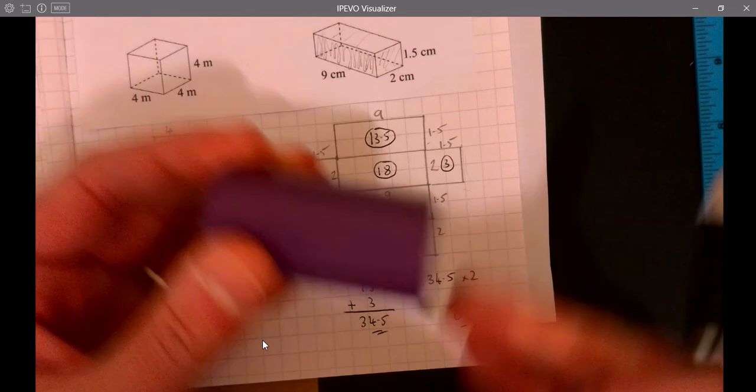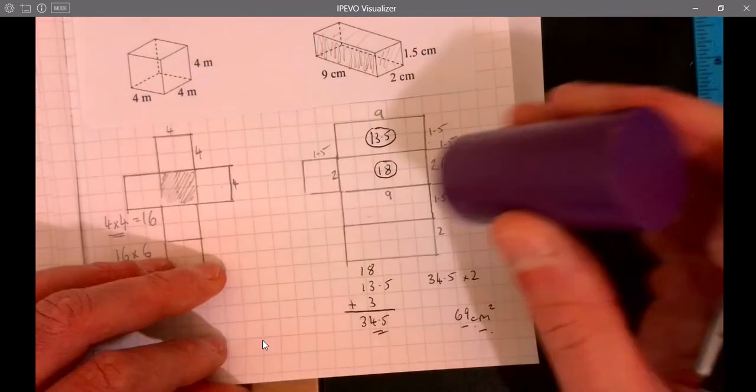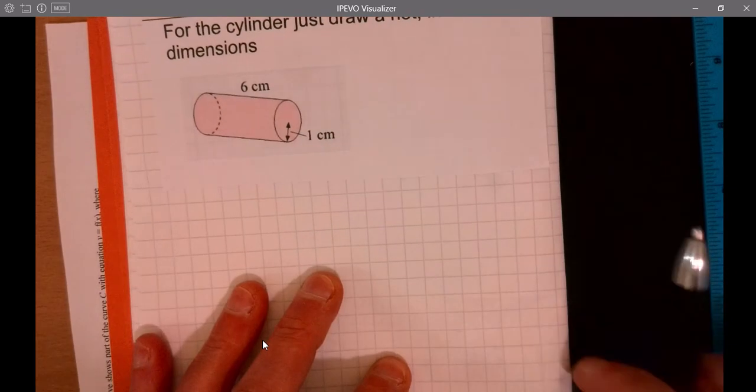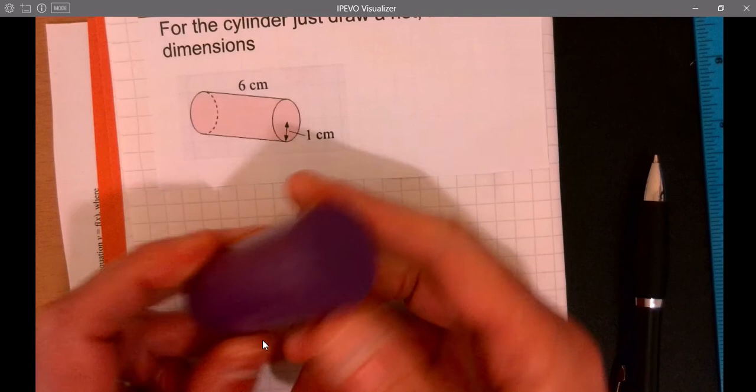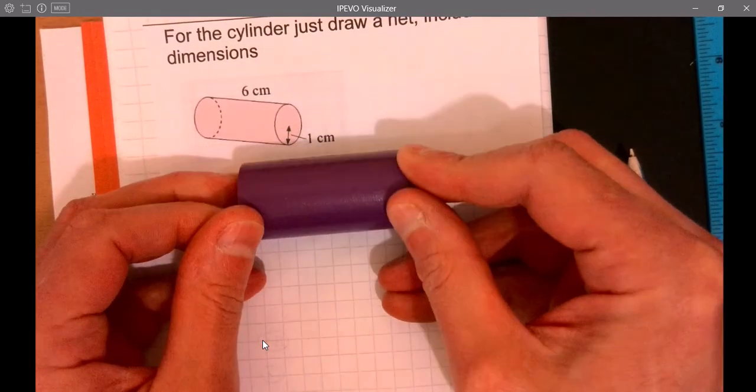What we're going to have a little look at is how we draw the net of a cylinder. I've just got one over here that we can have a quick look at. So what have we actually got with a cylinder? I've got a circle, I've got a circle. But look at this bit in the middle.